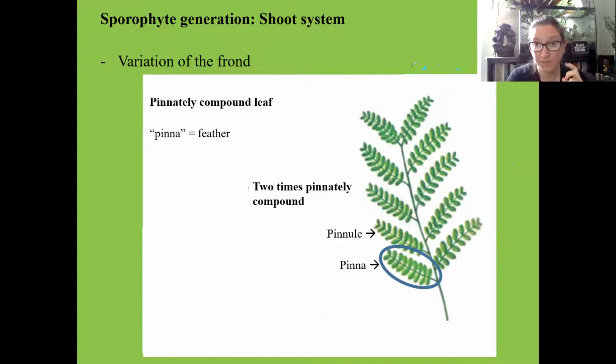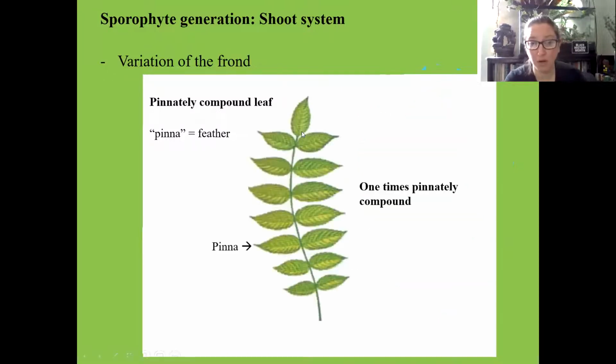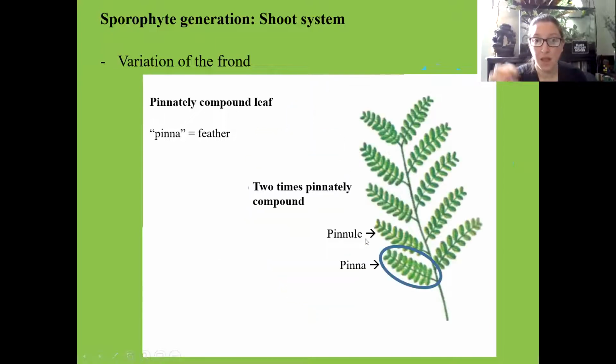Because of that, you can't really call the parts on it a leaf, because they're not. So what we call them is a pinna. If you're 1 times pinnately compound, the little leaflets are pinna. If you're 2 times pinnately compound, you have pinna, which is the thing that's circled here, and then pinnule, which is each one of these little things. This is a pinnule, this is a pinnule, this is a pinnule, etc.